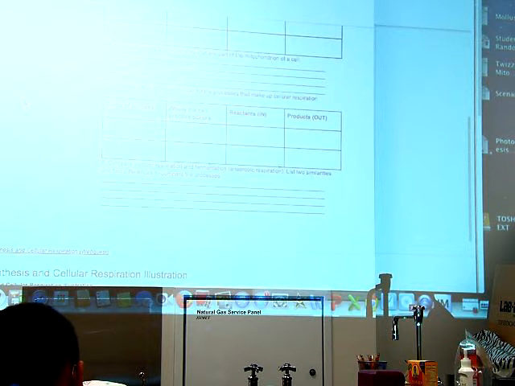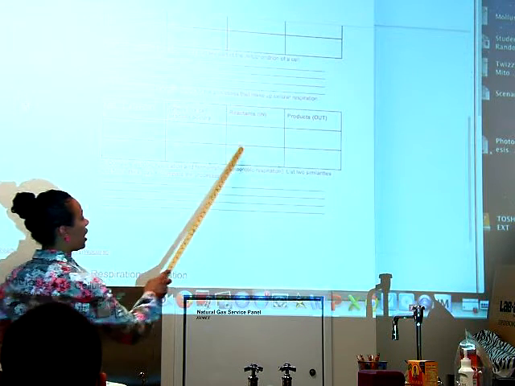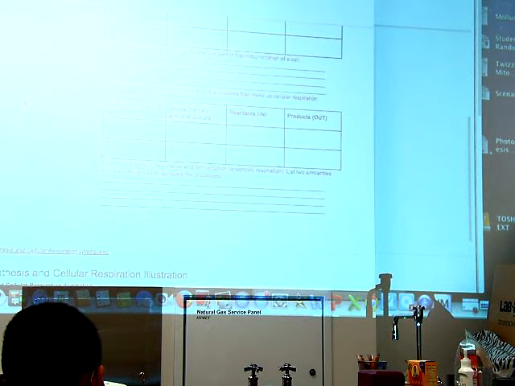The word "an" means the absence of. What do you think is going to be absent here? Oxygen. So therefore, in the reactants, we're not going to see any oxygen. This takes place in the cytoplasm. It is still a respiration, but oxygen is not going to be present. What is going to be present?